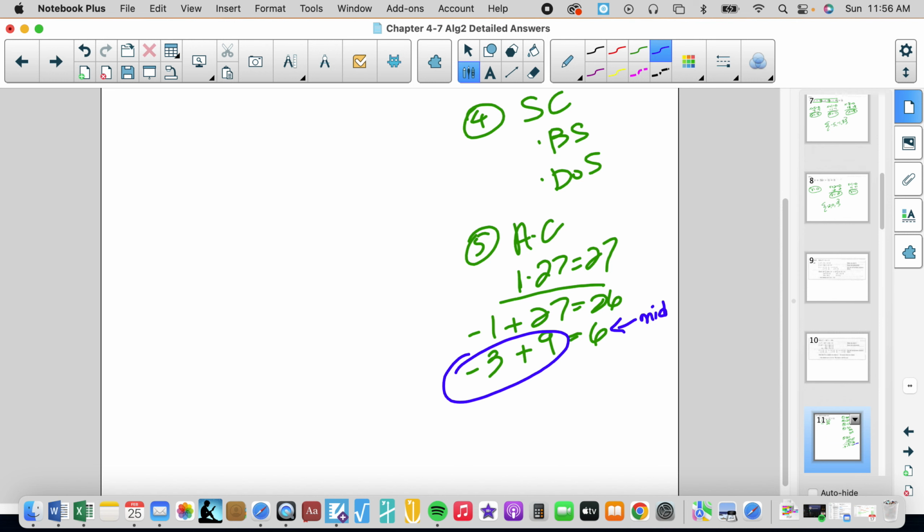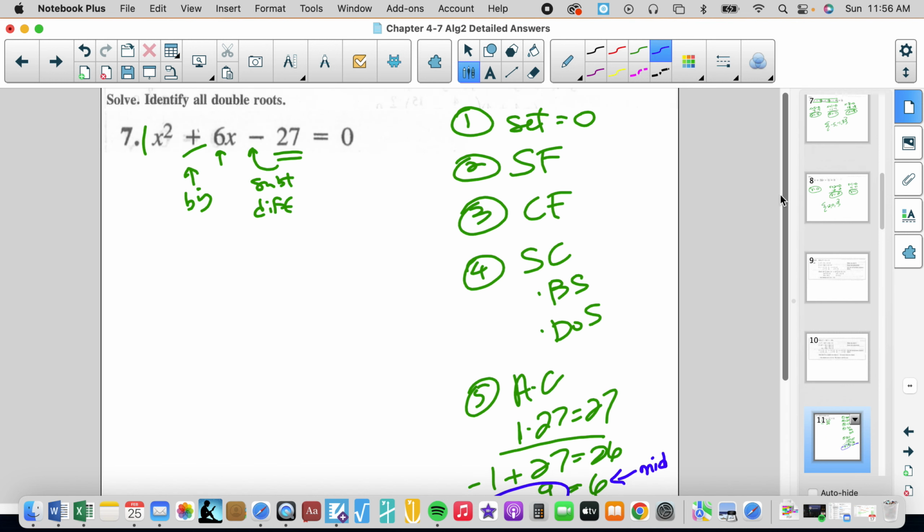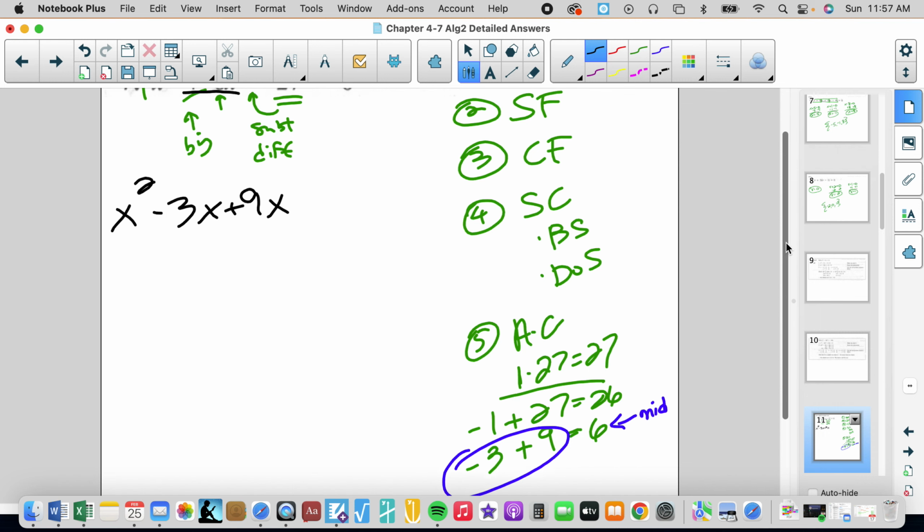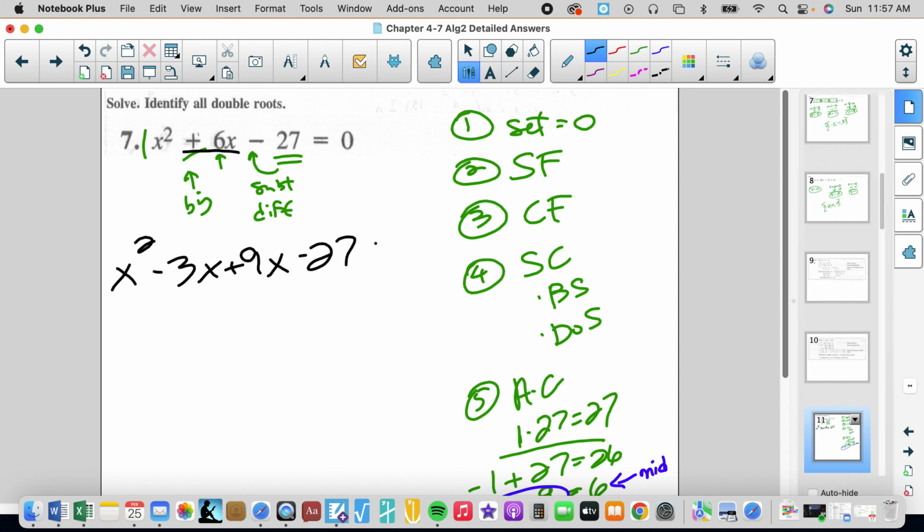So I'm going to use these 2 numbers, and I'm going to break that into 4 terms. I'm going to take this positive 6x, and I'm going to use negative 3x and positive 9x, which does simplify to 6x. And then I'm going to bring down my negative 27 equals 0. Now we're going to factor by grouping.